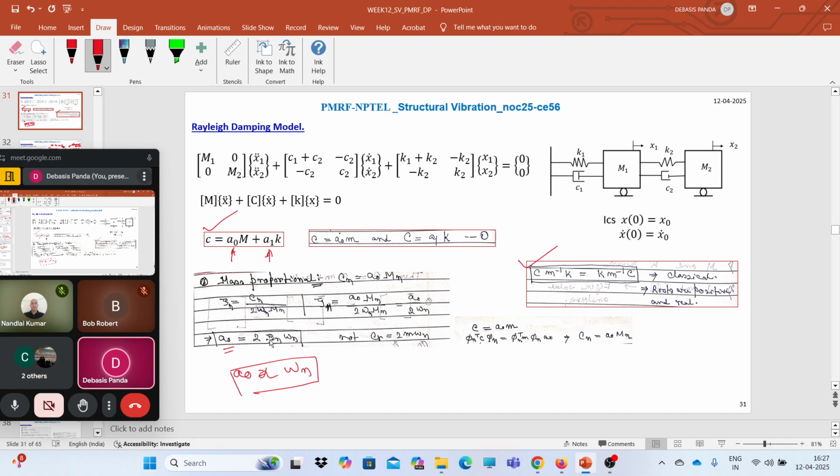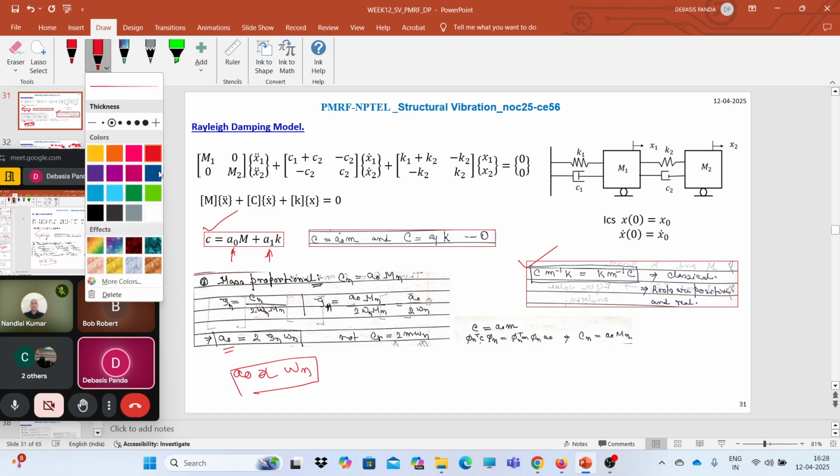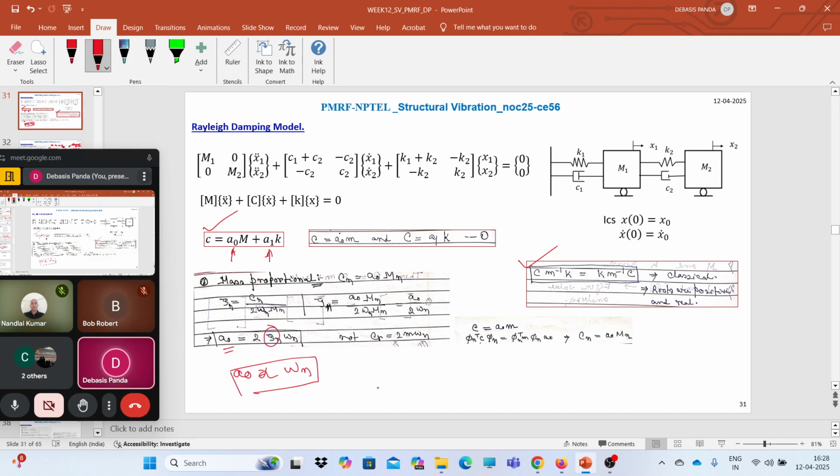For the mass proportionality, they have asked for zeta n. So we can write zeta n is equal to a naught by twice omega n. That means zeta n is inversely proportional to omega n. But if a0 and the mass proportionality constants are constant, then it's directly proportional to this.